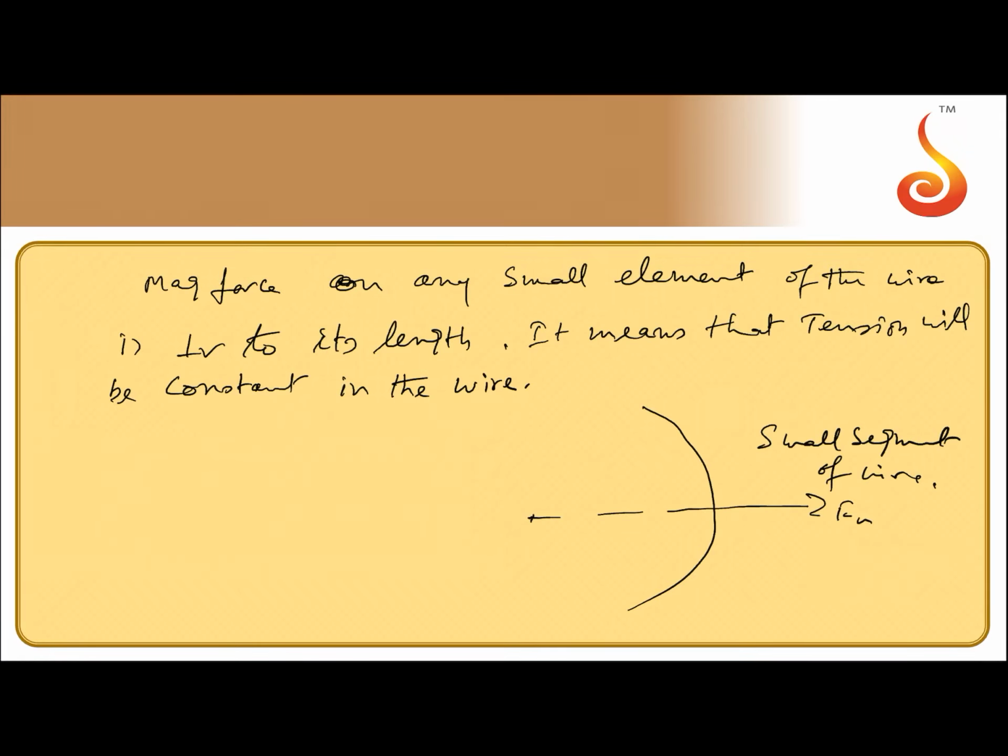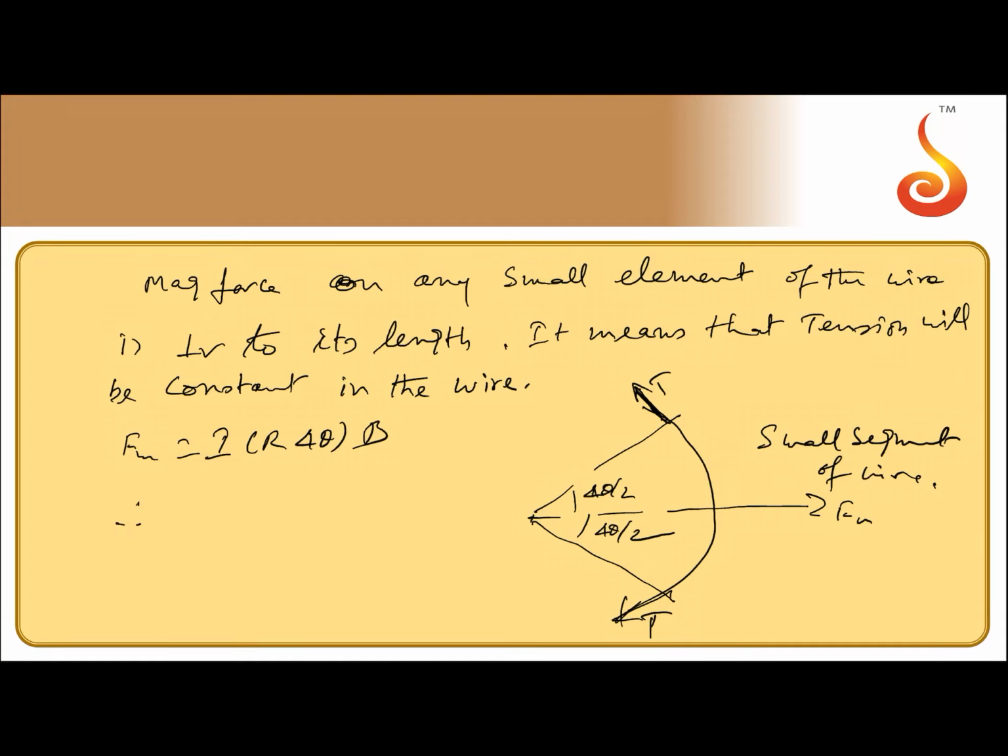So the magnetic force, this is tension T, this is tension T, and so we can see that Fm is equal to I R delta theta into B, and this is balanced by components of tension.